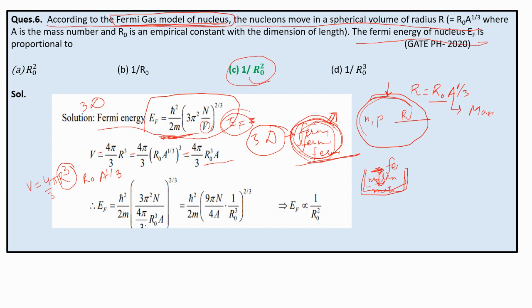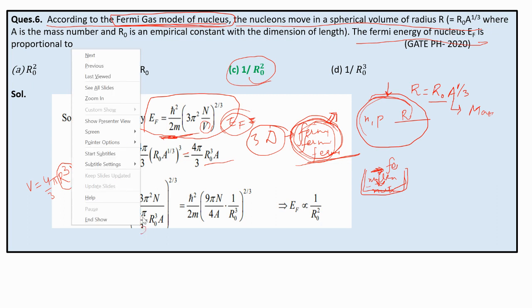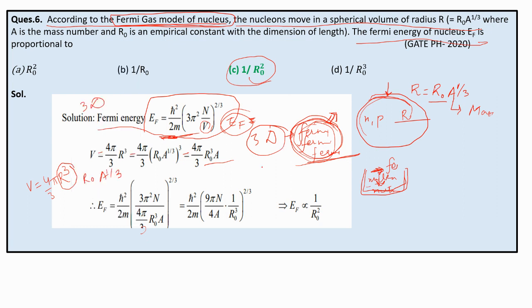Now again put the value of v here and solve it. Like this, 9 pi and 4a will go, and this will come out r cube. This r cube will cancel this r, so Fermi energy will be inversely proportional to r naught square.